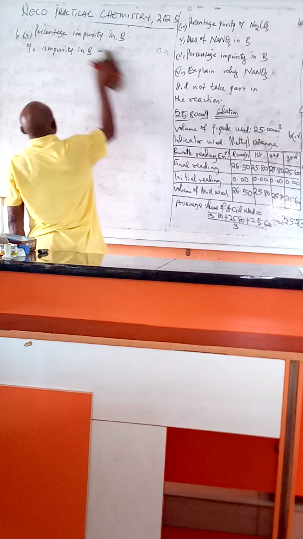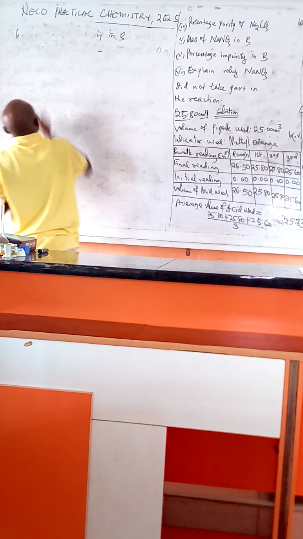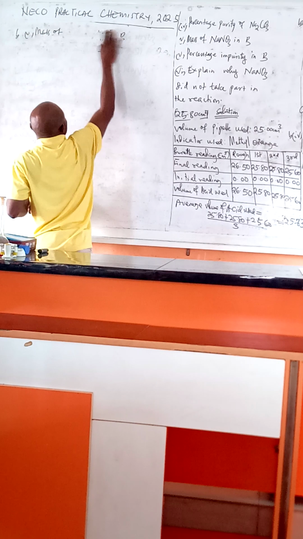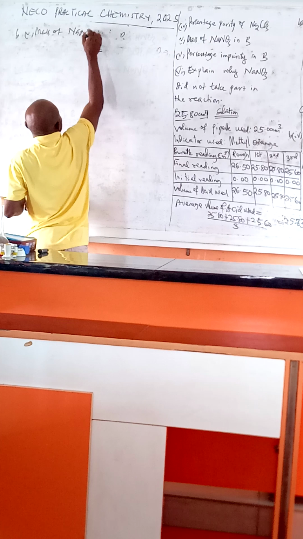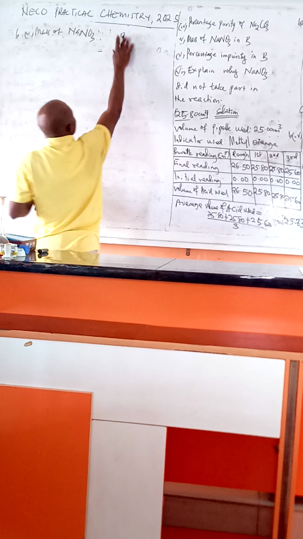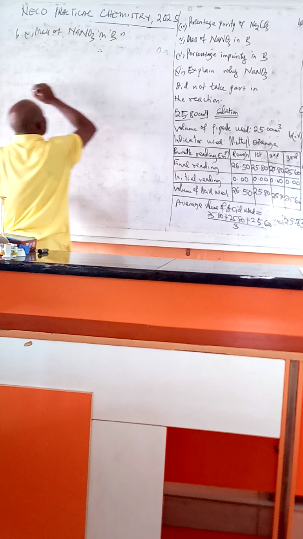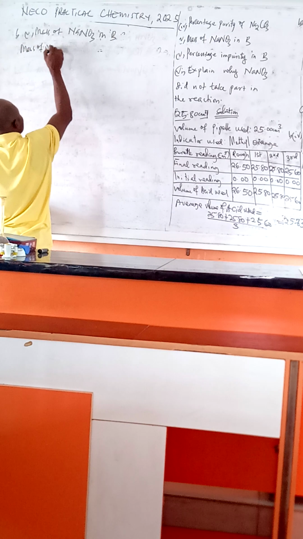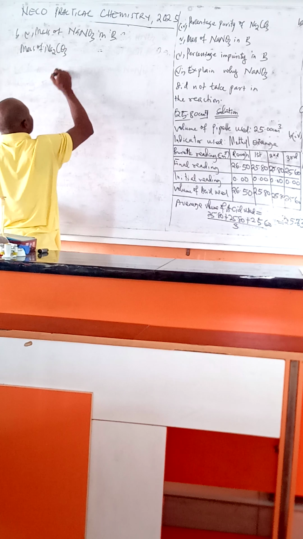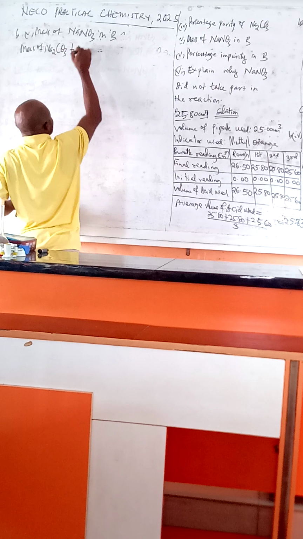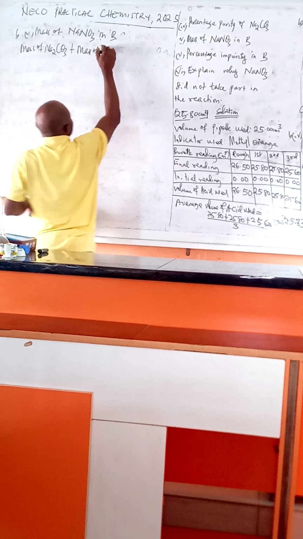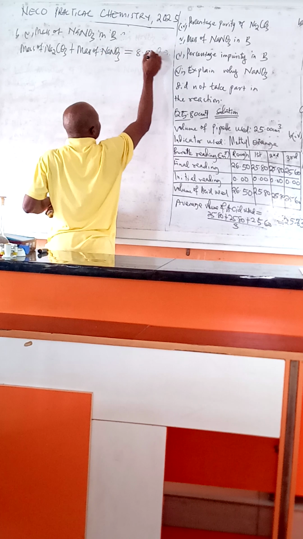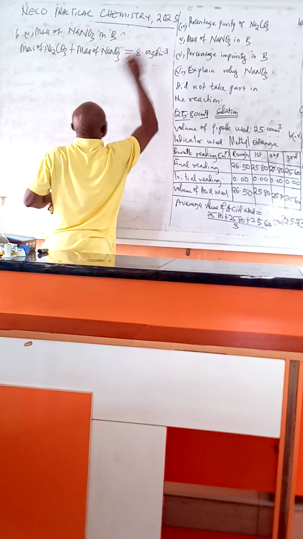Yes, that's V. The equation V is the mass of NaNO3 in B. Recall that the mass of Na2CO3 plus the mass of NaNO3 is equal to 8.00 gram per dm cube.